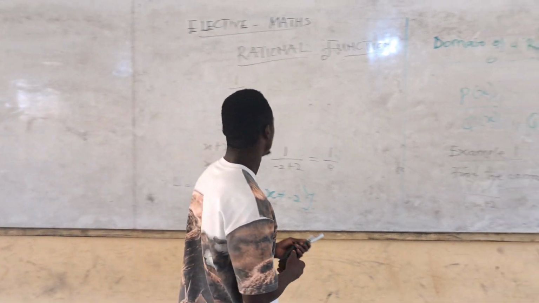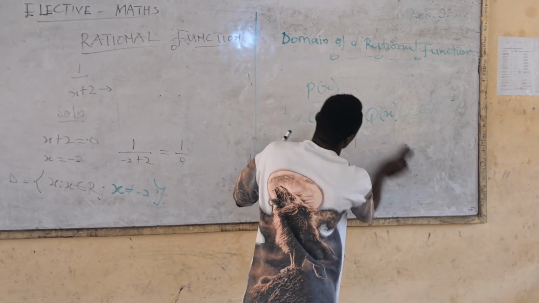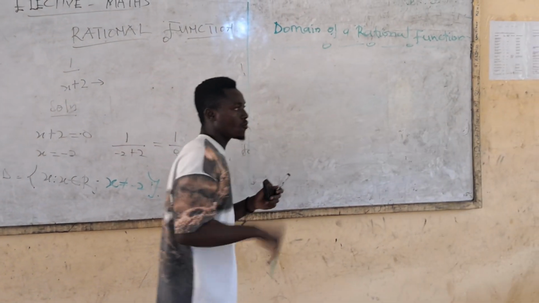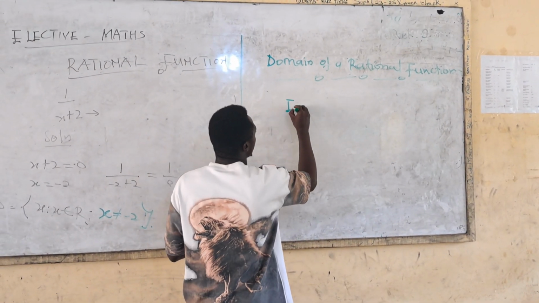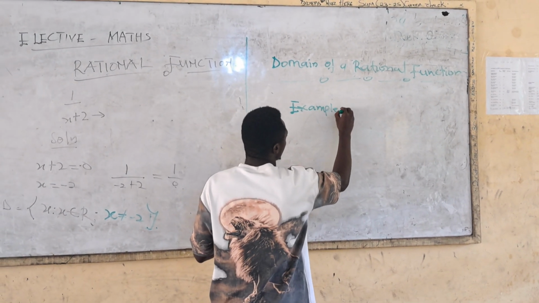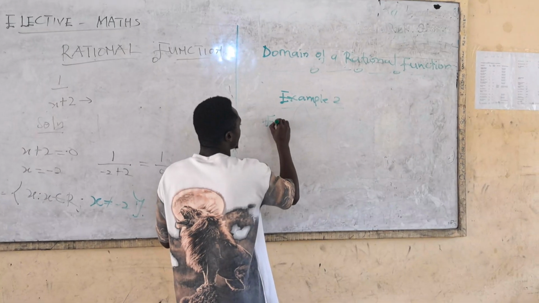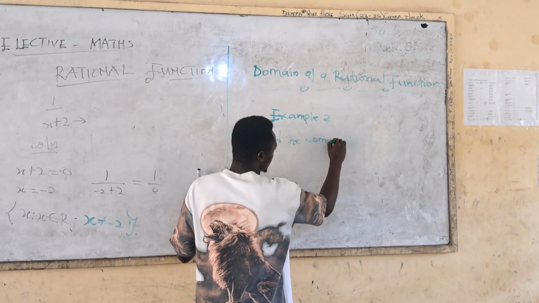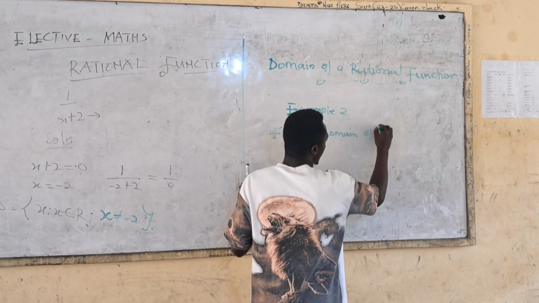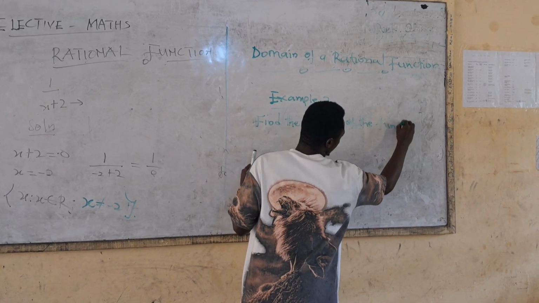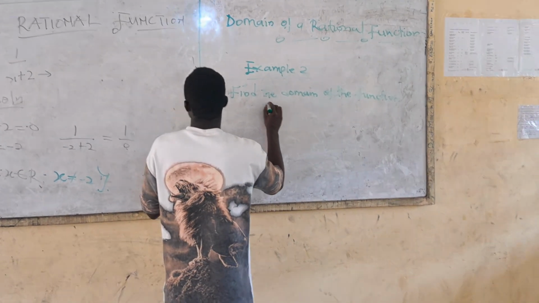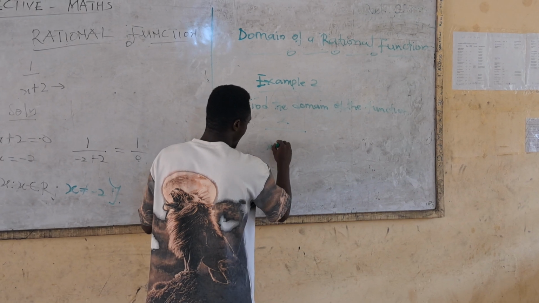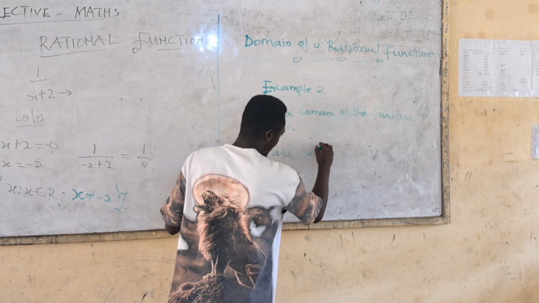Then let's take example 2. Find the domain of the function 2 over (x plus 2)(x minus 3).